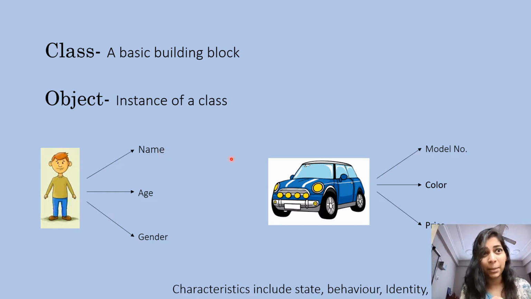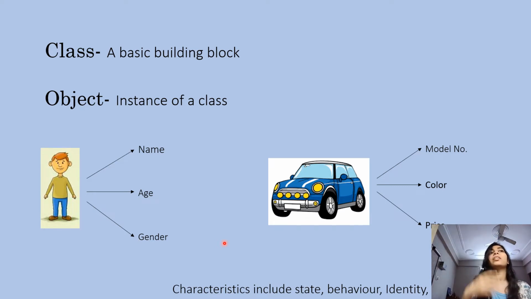Every person has a name. Every person has an age. Every person has a gender, right? It can be anything. It can be, say, height. It can be weight. But here we have taken the very basic ones, right? Now, here name, age, and gender are objects.